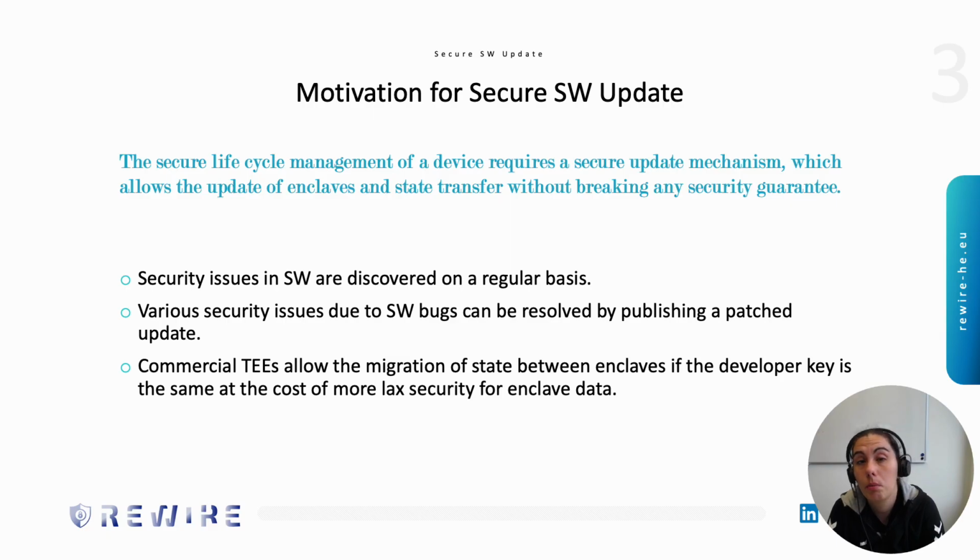Commercial TEEs such as SGX do not allow the update of the enclave, but they still allow some sharing of the data or the state if the developer of the enclave is the same. Then all the enclaves developed by the same developer will have access to that data, regardless of whether there is an older or a previous version of the enclave.